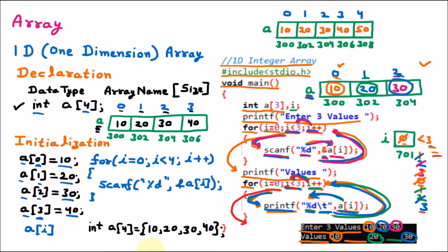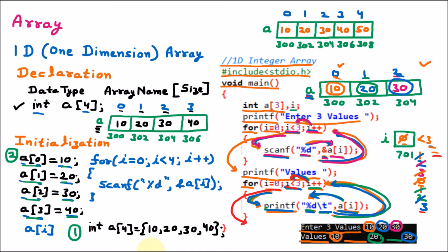So this is the first option by which we can initialize. Or there is another option that we can go to the individual indexes. This is the second option by which we can initialize the array. By going to the specific index, just like A[0] equal to 10, A[1] equal to 20, A[2] equal to 30, then A[3] equal to 40. By this we initialize the array.